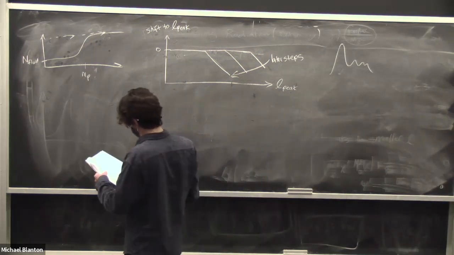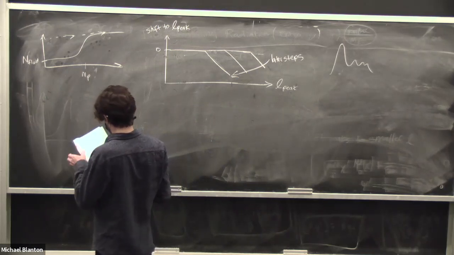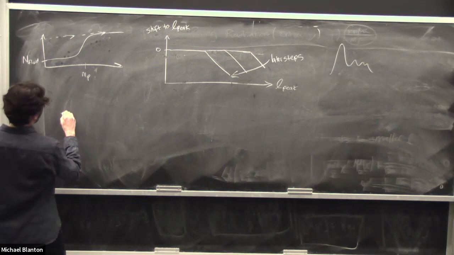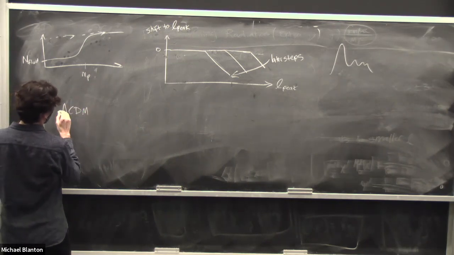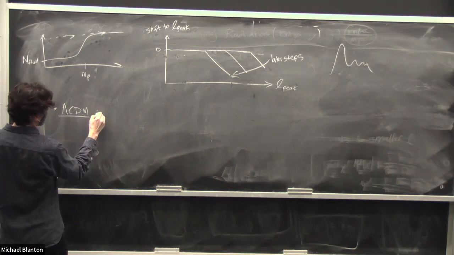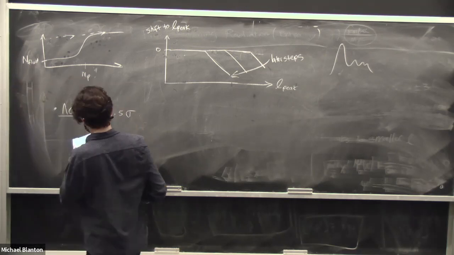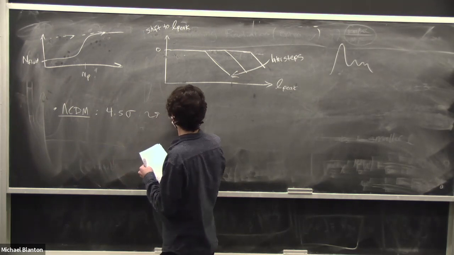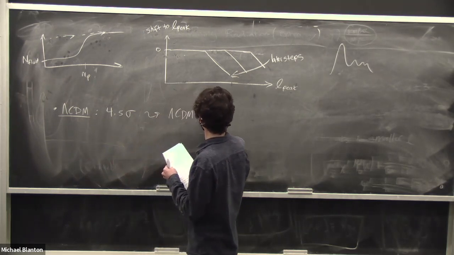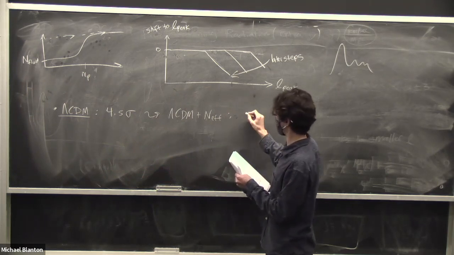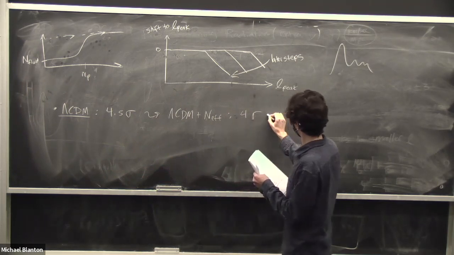And what we find, just an upshot, is lambda CDM has a tension, let's say with SH0ES, of roughly 4.5 sigma. If you add an extra neutrino, which has been studied, that reduces the tension to roughly 4 sigma.